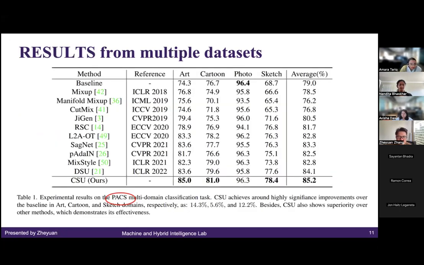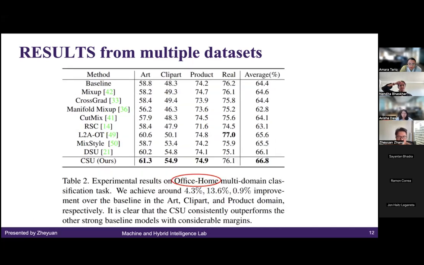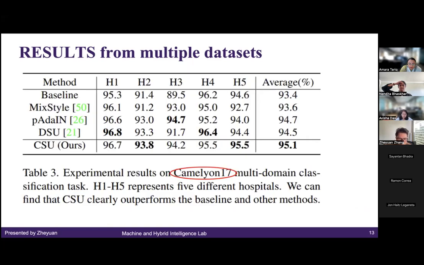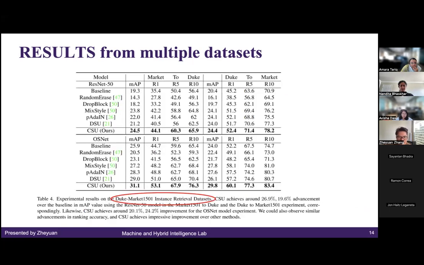We observe that compared with the traditional methods, the proposed method achieves significant performance gain on PACS, on Office-Home, and also on pathology image detection. The Camelyon17 dataset includes data collected from 5 different hospitals, and we can observe that the correlated style uncertainty shows performance gain over other methods.